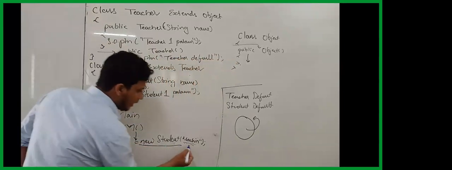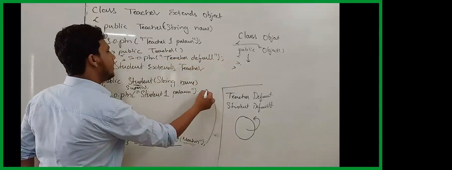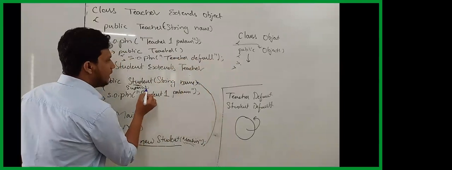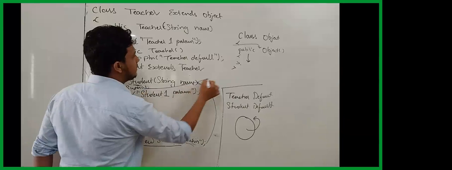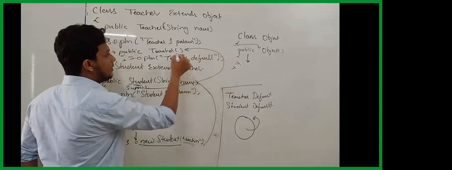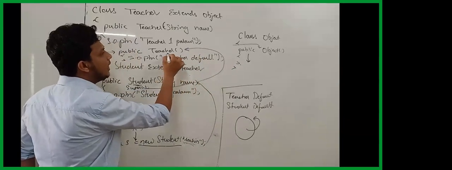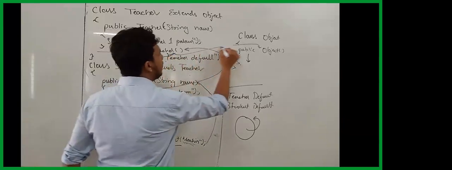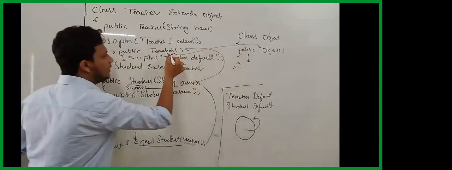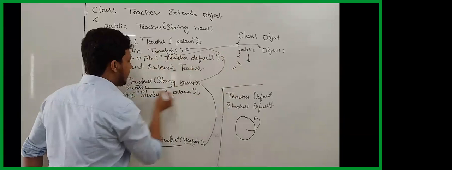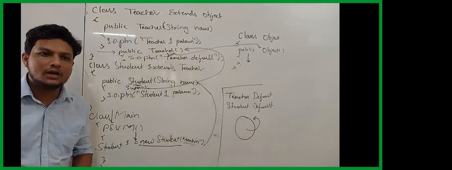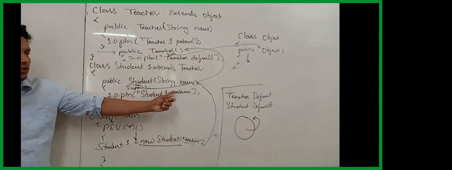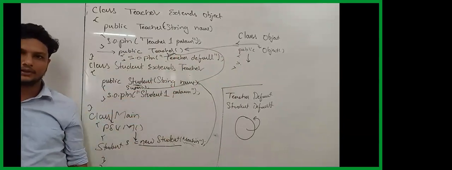How, sir? Control came from here to where? Here in this place, it made a super call. It went to the teacher default constructor. It came here, executed this one, again made a super call, went to the parent class, executed this, and printed teacher default. It came back here and printed student one parameter. So the output is teacher default and student one parameter.